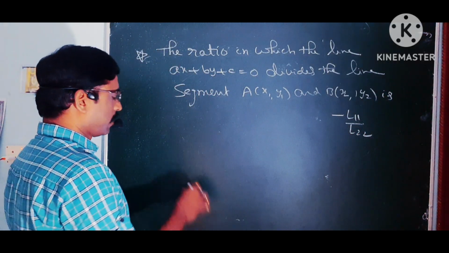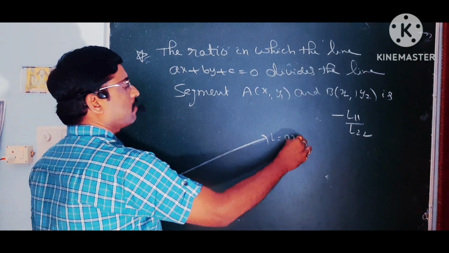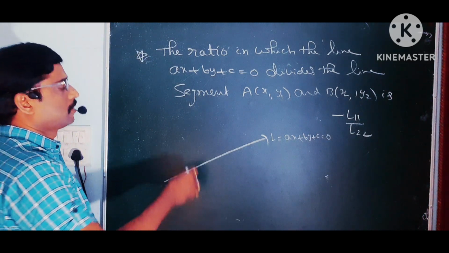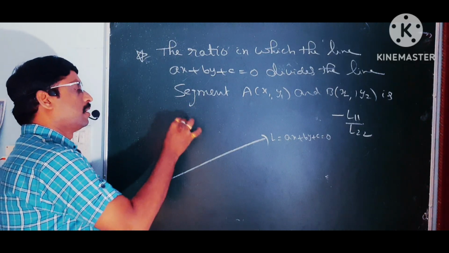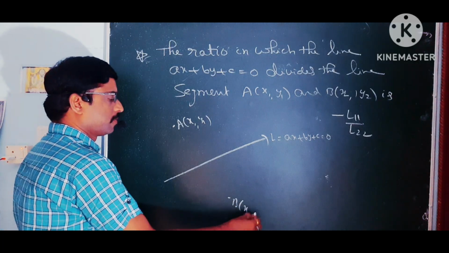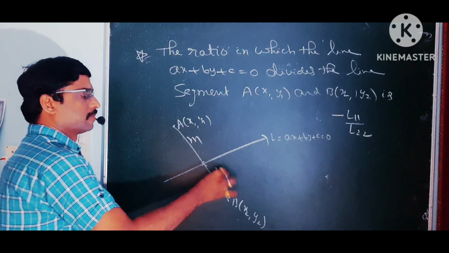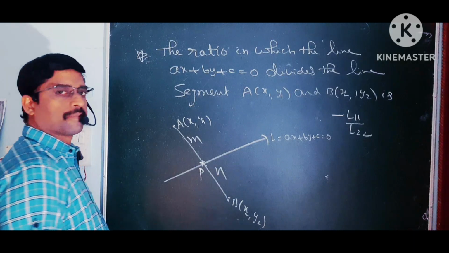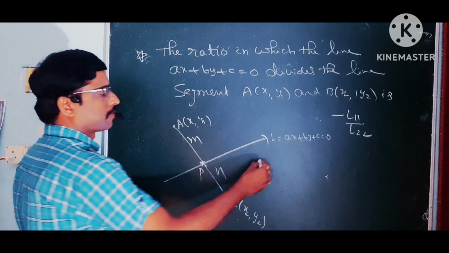Okay, so now let me explain this proof. L is equal to ax plus by plus c is equal to 0 line. Here the ratio in which the line ax plus by plus c is equal to 0 divides the line segment A(x1, y1), B(x2, y2), I am taking as m by n. Now this point I am taking P. P divides the line segment AB in the ratio m is to n internally.